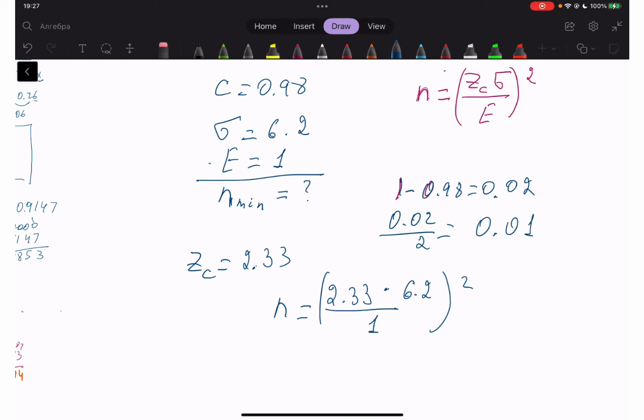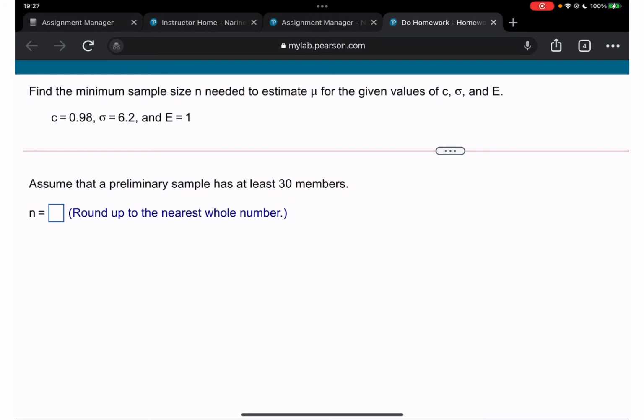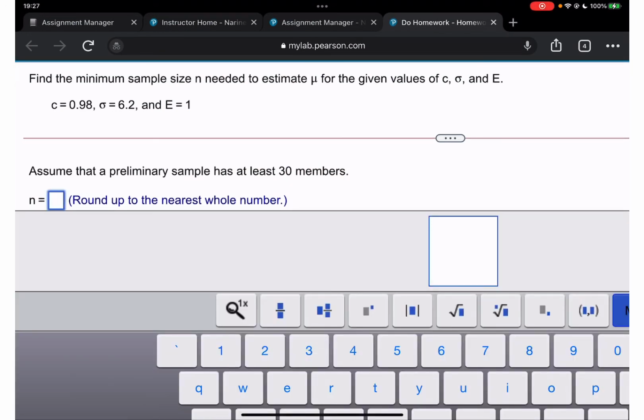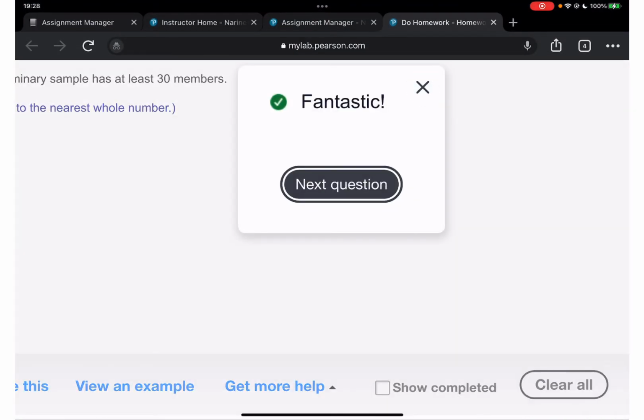Let me square it, okay, and I get 208.686, which is approximately 209. Okay, let's see. Fantastic.